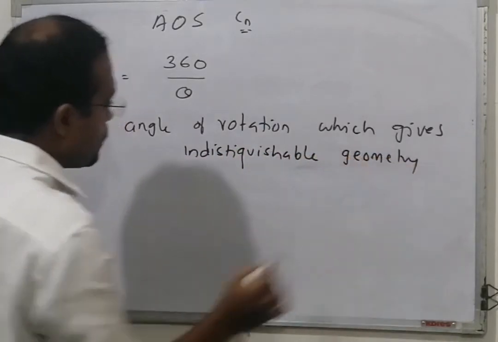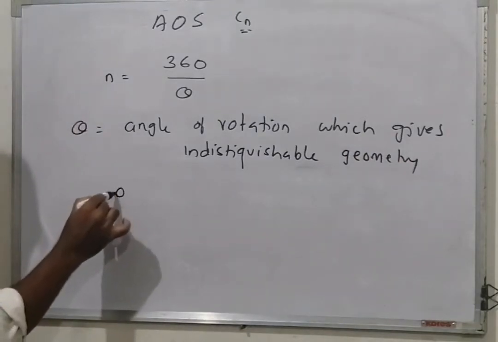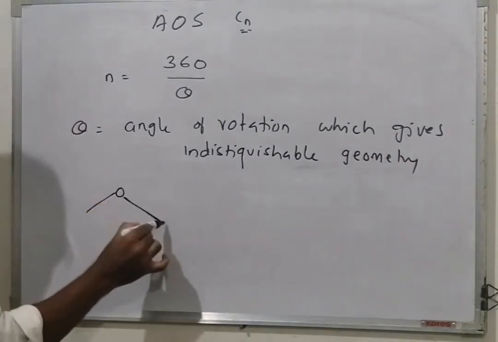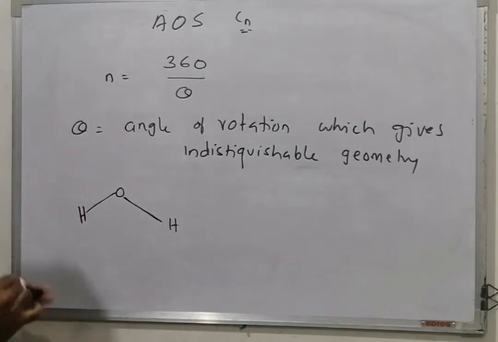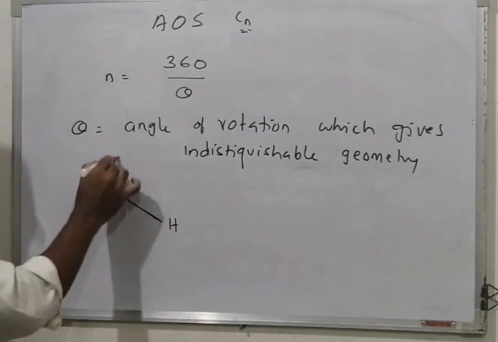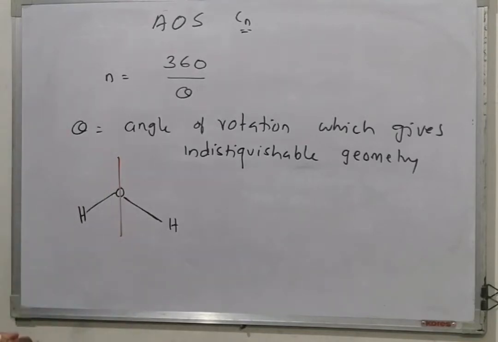Very, very important. We said that water has an axis of symmetry, which is very simple to identify. But what is the angle of rotation which gives an indistinguishable structure? We can discuss that. Very important.